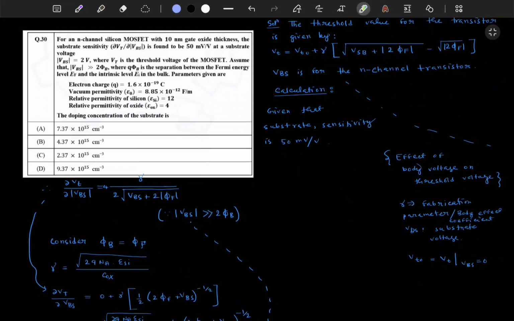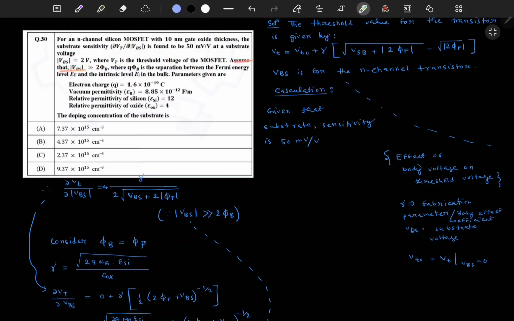Okay, now question number 30. For an N-channel silicon MOSFET with 10 nanometer gate oxide thickness, the substrate sensitivity, del Vt by del VBS, is found to be 50 millivolt per volt at a substrate voltage VBS equal to 2 volt, where Vt is the threshold voltage of the MOSFET.